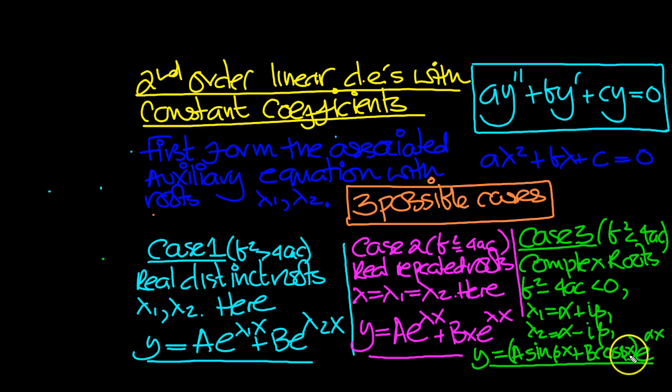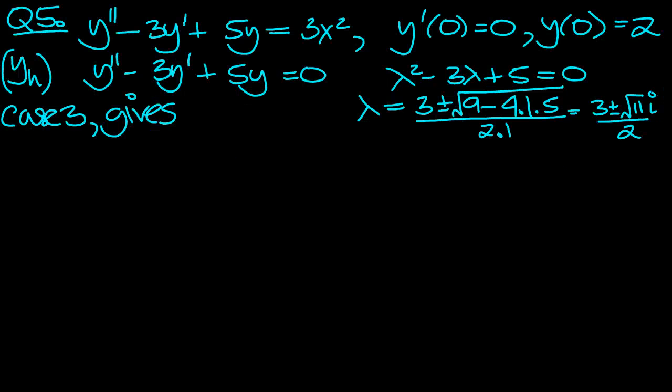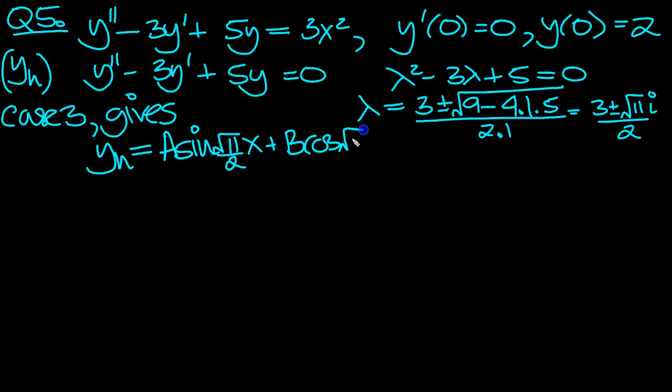So yh then is a sine beta x plus b cos beta x, all times e to the alpha x. Beta is the component of the imaginary number, root 11 over 2. Alpha is the real part, 3 over 2, so it's 3 over 2 lots of x. So there's yh, done.